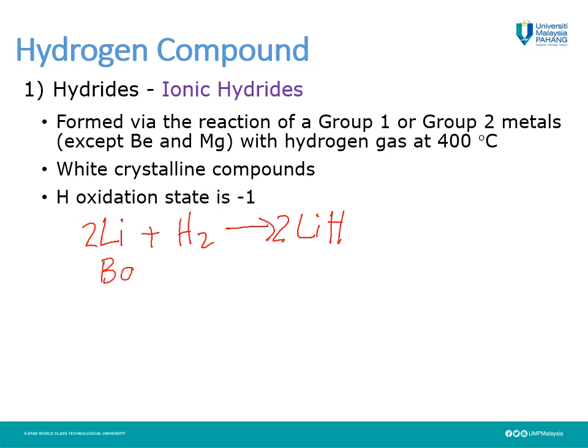The second example, in group 2, is barium in reaction with hydrogen gas, it will produce barium hydride.